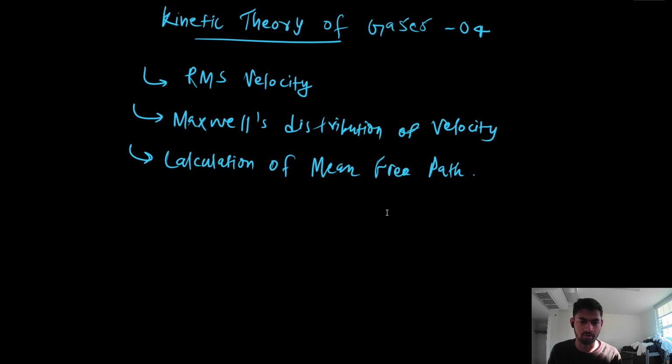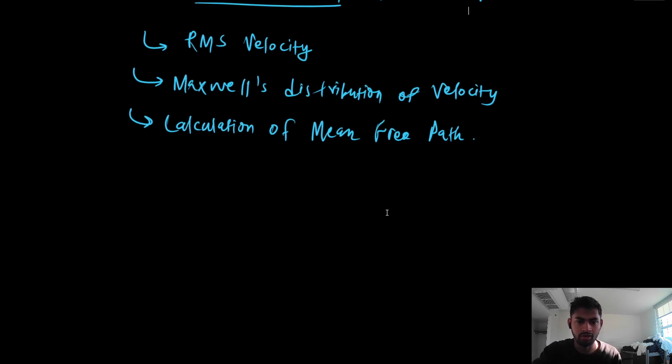Today it's not going to be that tough of a video because it's basically some numericals and derivations related to root mean square velocity and how Maxwell distribution came together to be what it is today.